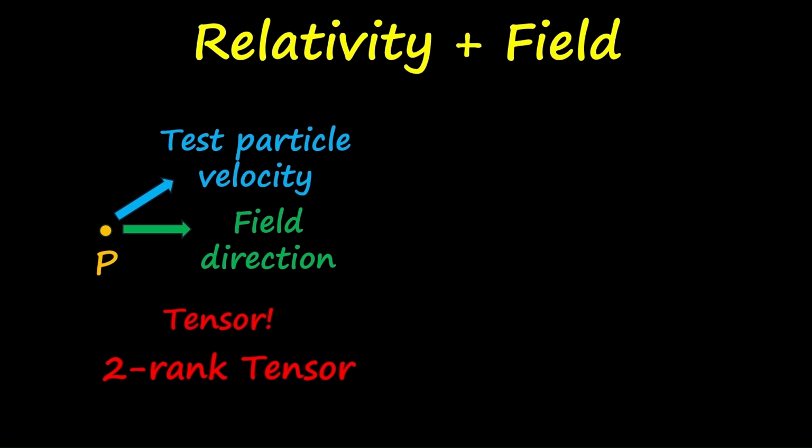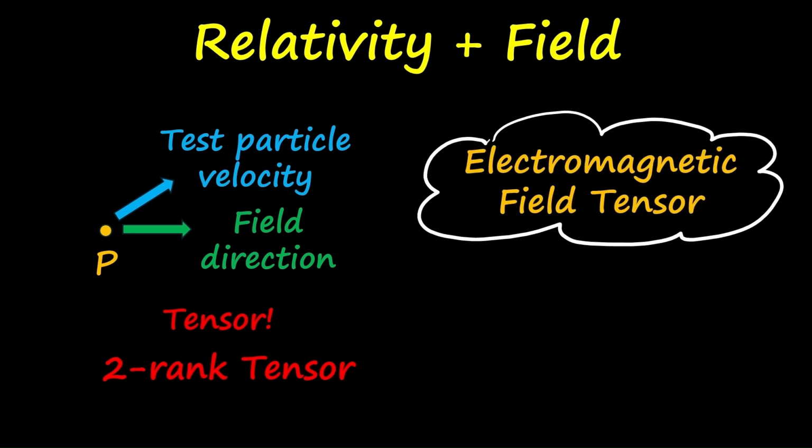And the rank-two tensor that represents the electric field and magnetic field as a single entity is what we call the electromagnetic field tensor. In this video, we are going to represent it by F with two subscripts, mu and nu.